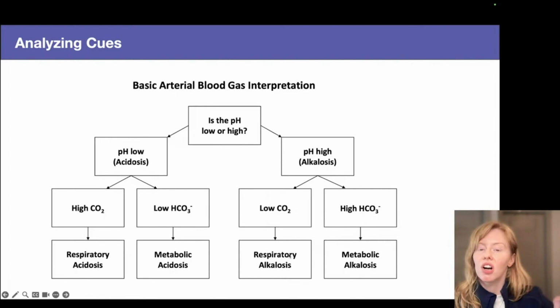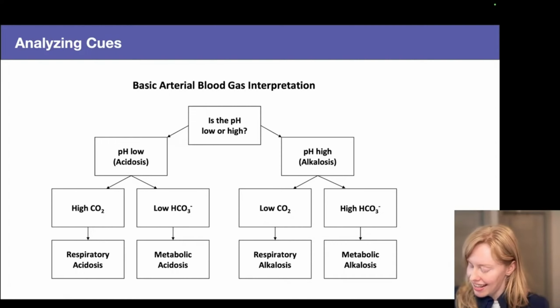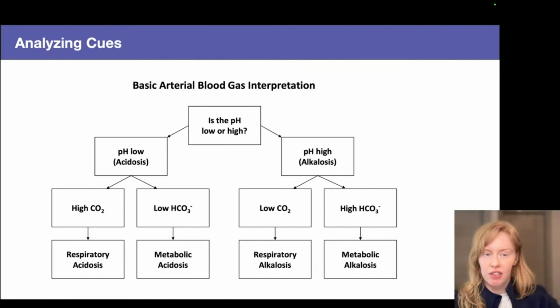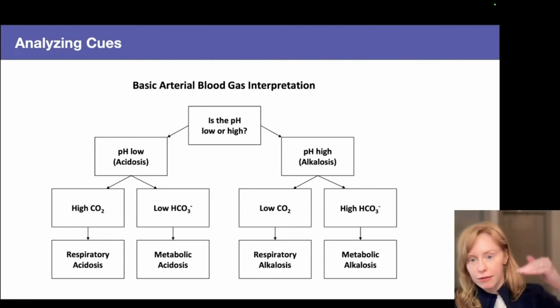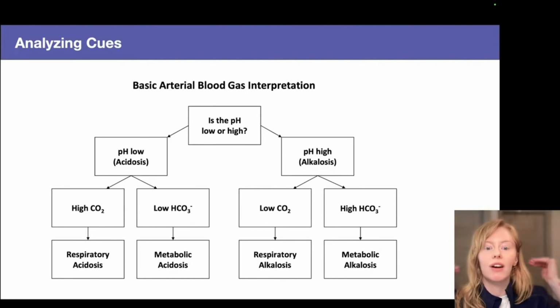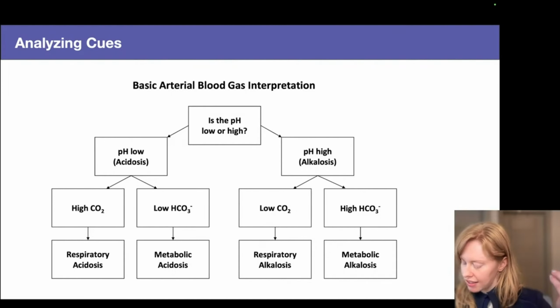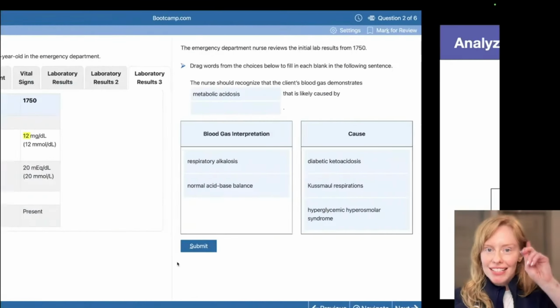That isn't the cause of the problem here, and that is actually a form of compensation. Because we have a metabolic acidosis, something is broken with our metabolic system. Our patient's kidneys and other metabolic processes aren't able to regulate their pH and bicarb, so their lungs have to kick in to help. They start breathing faster to get off all this CO2, which is considered acidic, to correct and compensate. Yes, Rick says Kussmaul's is a compensatory response, not a cause. Exactly.